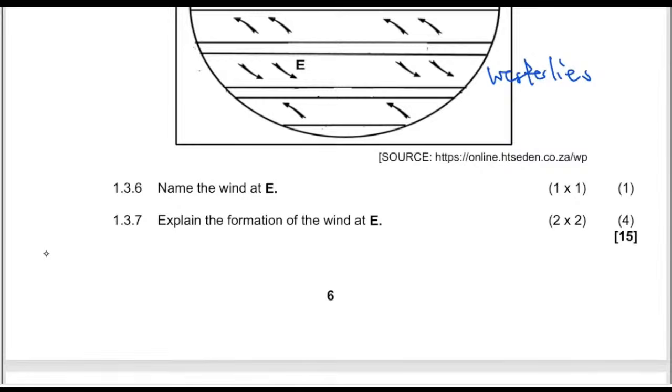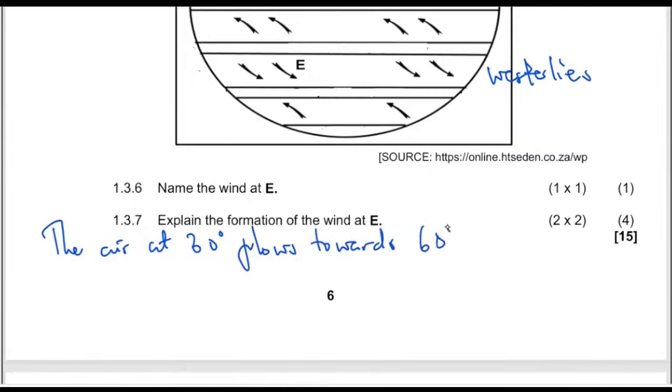Right, the first thing that you must note there is that the air at 30 degrees flows towards 60. At 30 degrees we have the subtropical high pressure, and the air is going towards the subpolar low pressure.